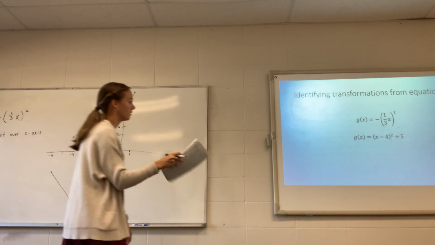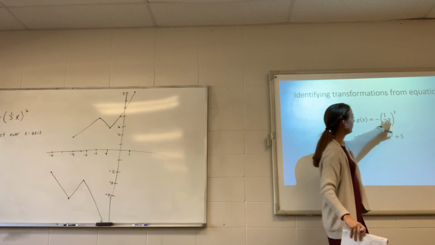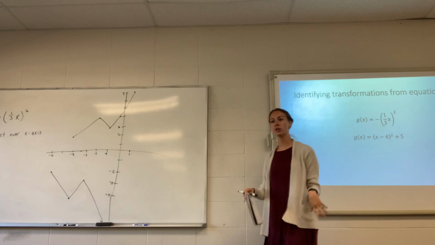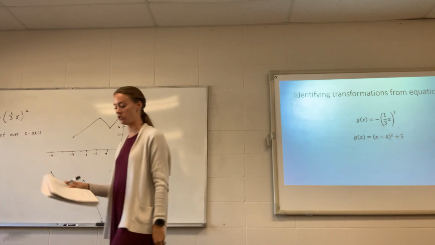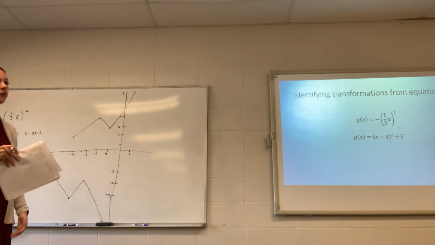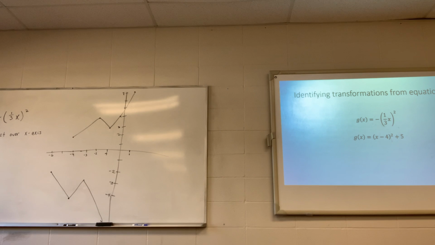And then, let's see, so this 1/3 is in with my x. So if you look at that little table cheat sheet I made you guys write down, what's that gonna do? Cooper, what do you think?